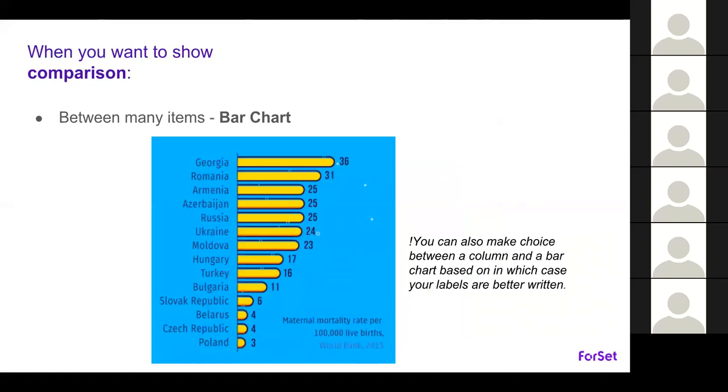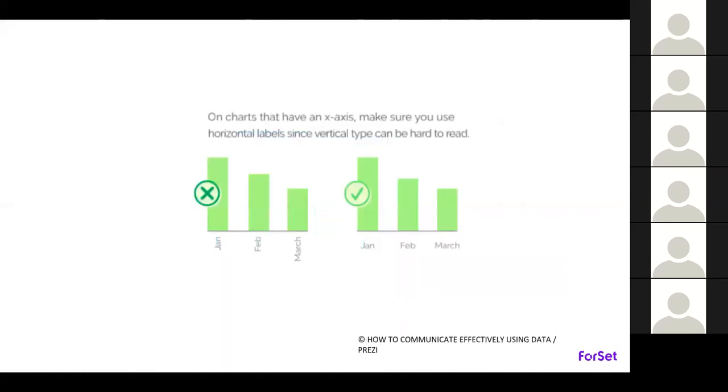You can also decide whether you are going to use column or bar charts based on how your labels look better in which type of chart. Here, for example, we have two examples where the labels for months are not very eye-friendly in the first case, and in the second case it's much better for us to perceive and read these labels.